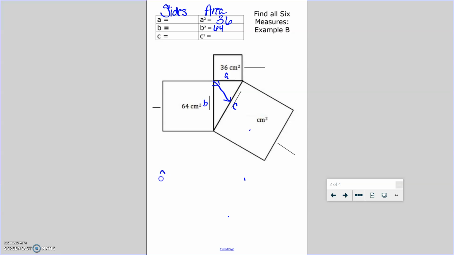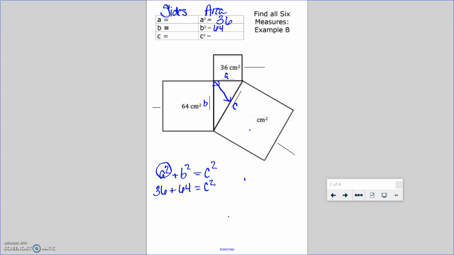So what I'm going to do is write my formula. A squared plus B squared is equal to C squared. Then I'm going to substitute in the values. I was given A squared, so I'm going to substitute the entire A squared. A squared is 36. 36 plus 64 is equal to C squared.